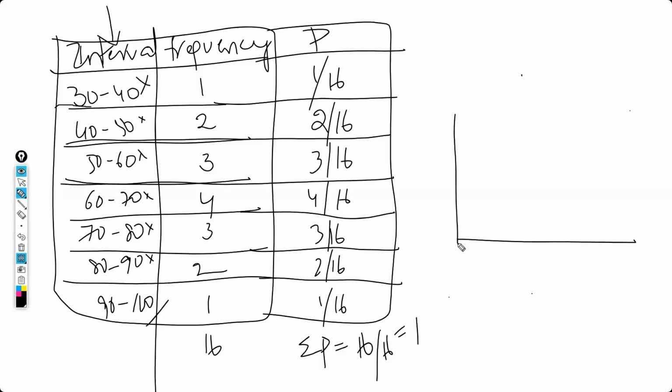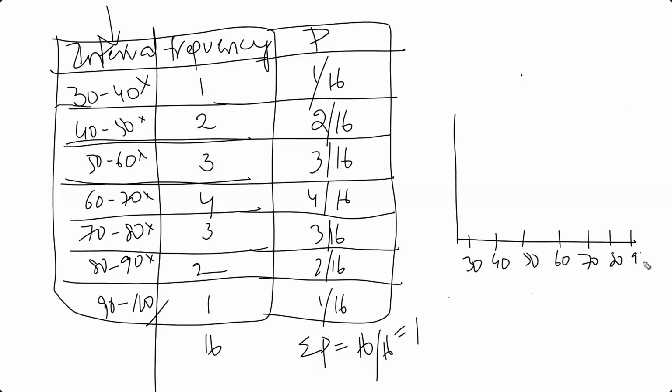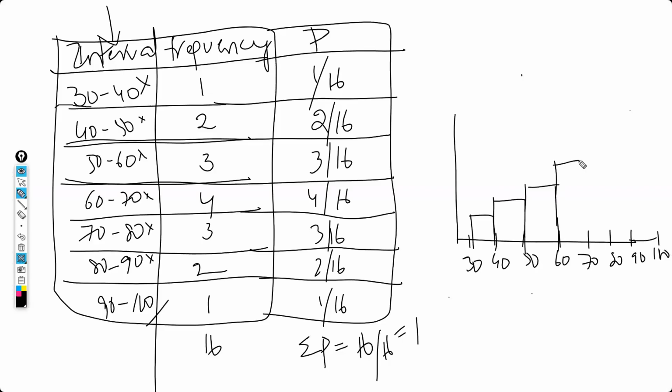On the x-axis I'm again taking 30 to 40, 50, 60, 70, 80, 90, 100. Now, for the first one, 30 to 40, probability 1 by 16, 2 by 16, 3 by 16, 4 by 16, again 3 by 16, 2 by 16 and 1 by 16.